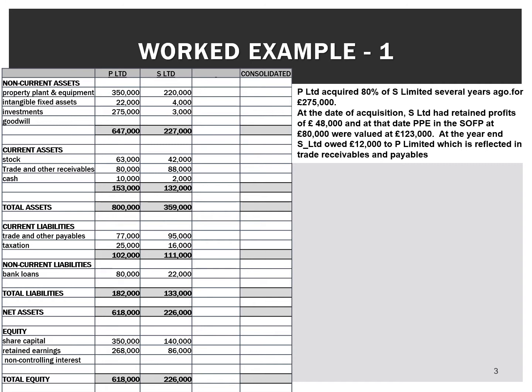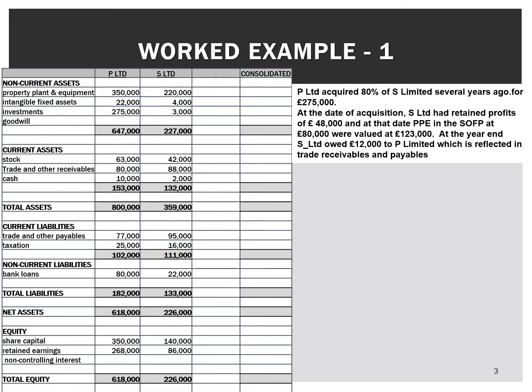We're also told that at that date some of the property, plant and equipment included in the balance sheet at £80,000 was actually worth £123,000, and that higher figure would have been taken into consideration when working out how much P Limited would have to pay for the shares.